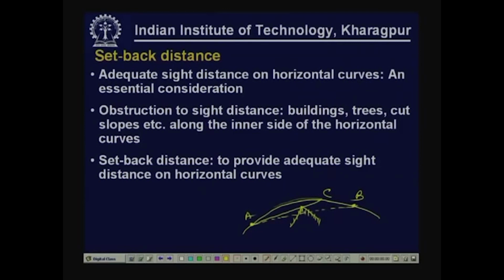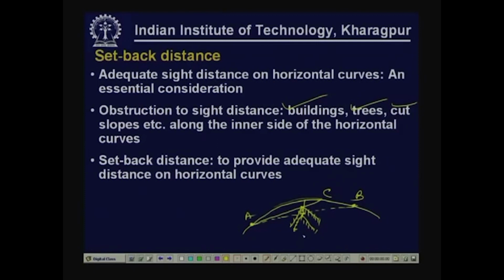So, the available sight distance along the road is AC, where the requirement could actually be AB. So, restrictions to sight distance could be due to an obstruction on the inner side of the horizontal curve. Such obstructions could be buildings, trees, cut slopes, etc. And therefore, we must ensure that if this is the line of sight and AB is the required sight distance, then up to that point no building or obstruction should be there.